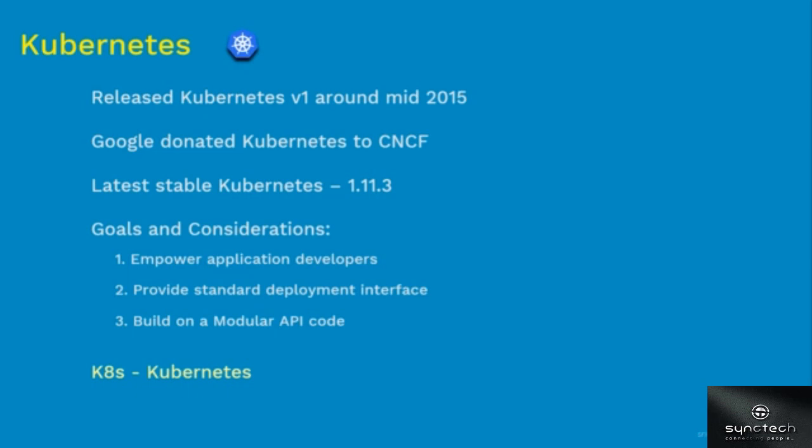These shortcuts are formed by taking the first letter, the last letter, and the number of characters in between. So if you take Kubernetes, the first letter is K, the number of letters between the first and last letter is 8, and the last letter is S. That's how you get K8s.